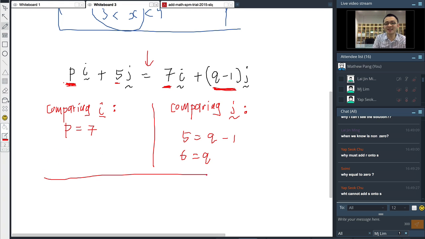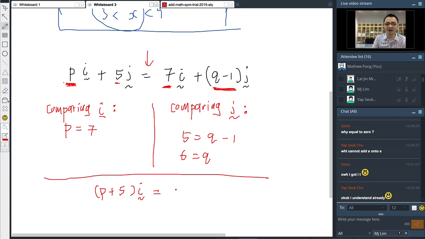But in the case just now, they do something like (p plus 5)i equals, just a random, (q minus 7)j.